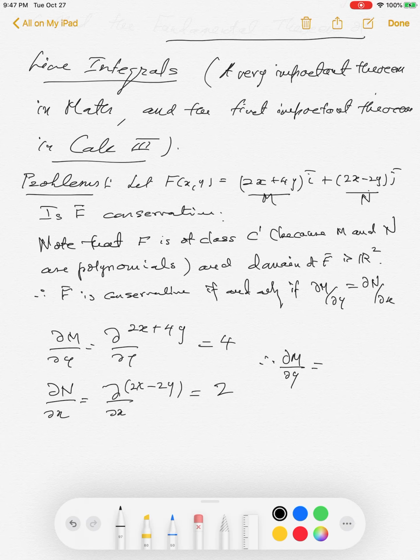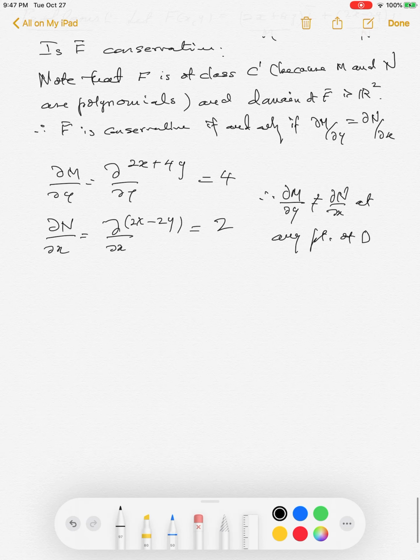So they are not equal, they are not equal at any point, in fact. So you want them to be equal at all points. So dM/dy is not dN/dx at any point of D. So even if you don't have that for one point, the theorem is not true. So therefore F bar is not conservative.